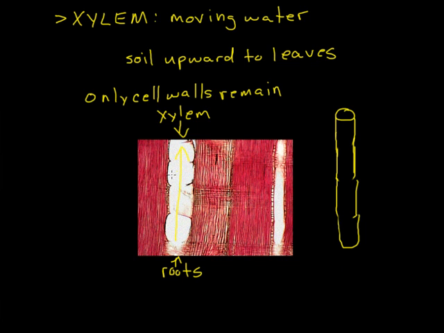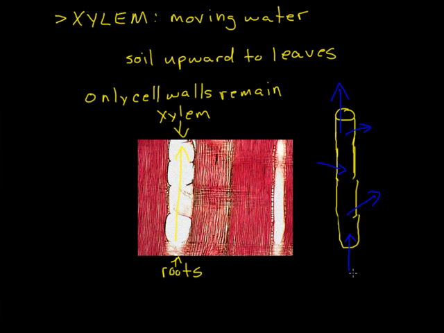Water moves into and out of these according to where it wants to go. And we'll talk about that property of water in a few more sections here. Keep in mind that all that remains is the cell walls, which again are porous. It means they're full of holes, and so water can go into or out of this xylem stream as it pleases, because not only is there not a cell membrane there, which wouldn't stop the water in the first place, but there are numerous holes all in these cell walls.